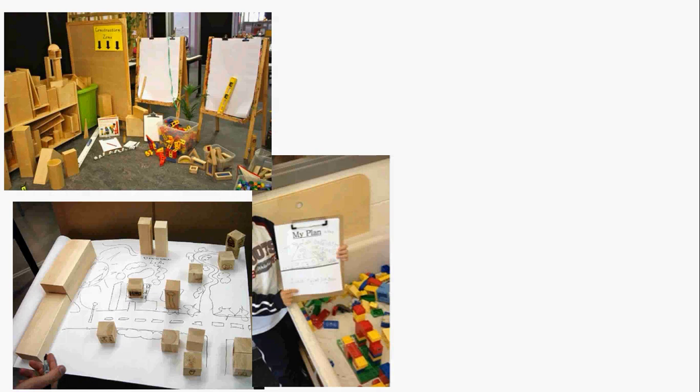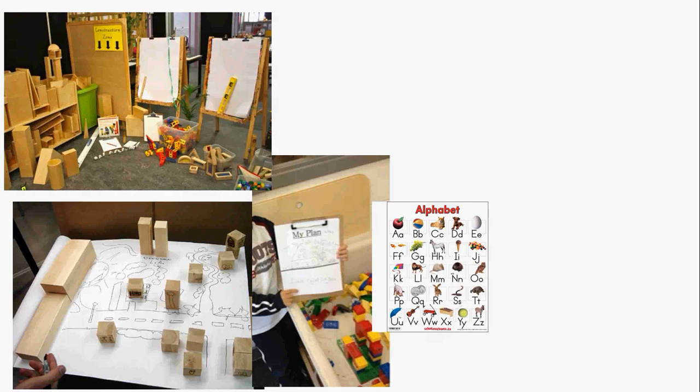Then we want to talk with children about how ideas connect to one another, which is integrating. So, for example, oh, you want to write out your plan. There's an ABC chart over there that I think will help you remember your letters.